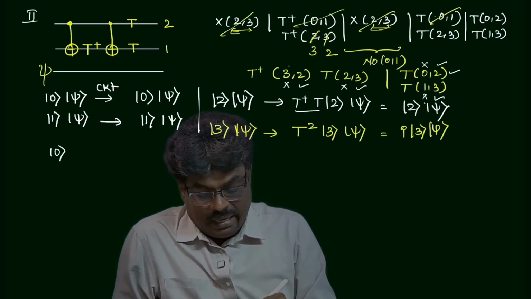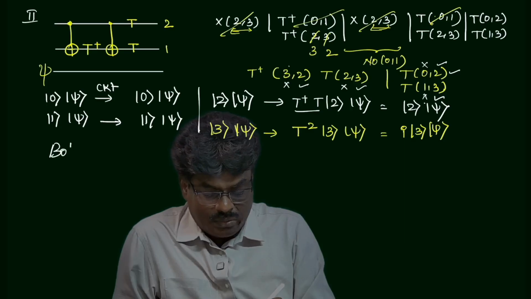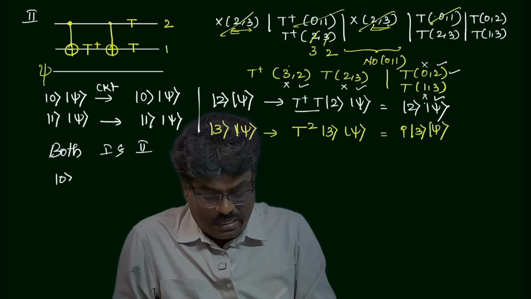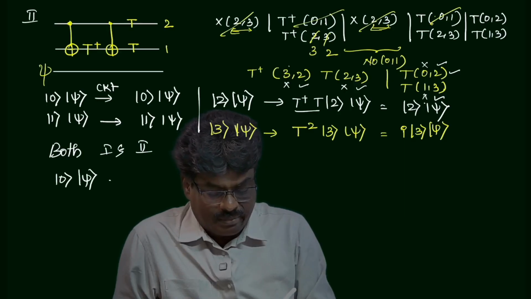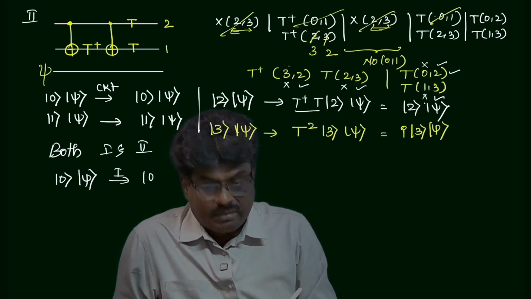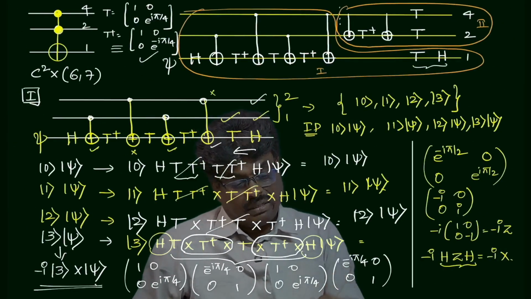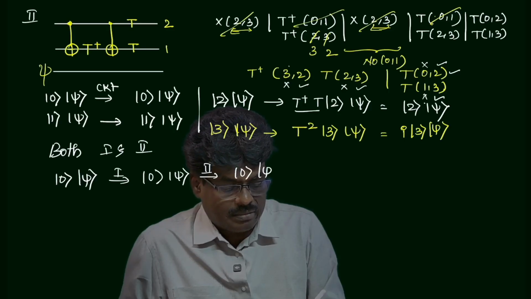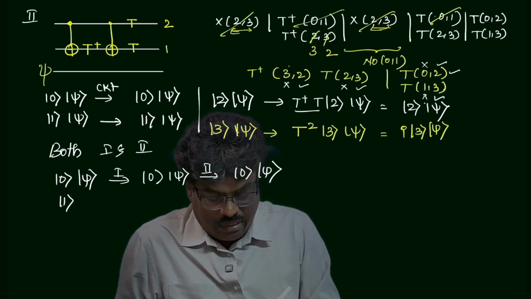Now I am taking the final, both 1 and 2, first part and second part. So initial state 0 psi, the first part, let me check, there is no change, and second part also no change, and 1.